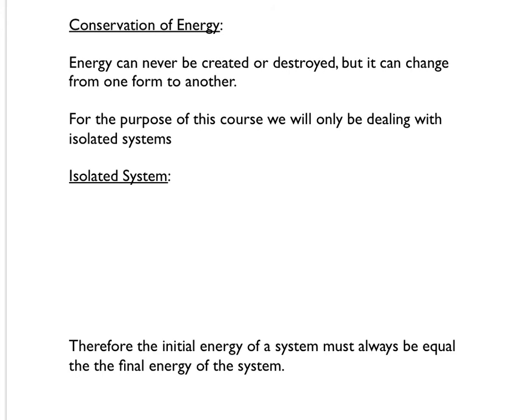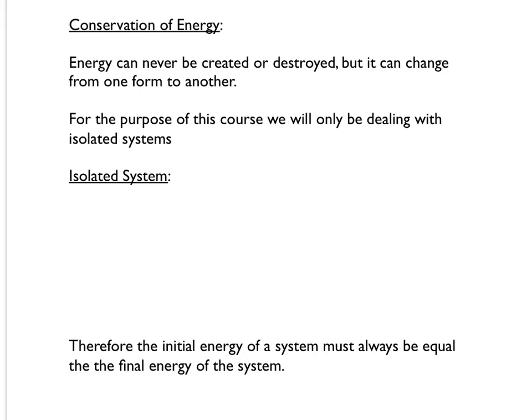Okay, so now let's talk about conservation of energy. We know that energy can never be created or destroyed, but it can change from one form to another. In this unit, we're going to be looking at energy changing from kinetic energy to potential energy, and potential energy back to kinetic energy. But the amount of energy in the total system is going to be constant. For the purpose of this course, we'll only be dealing with isolated systems.